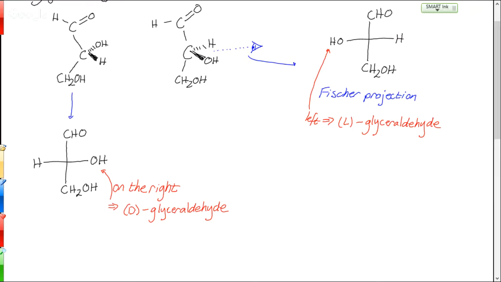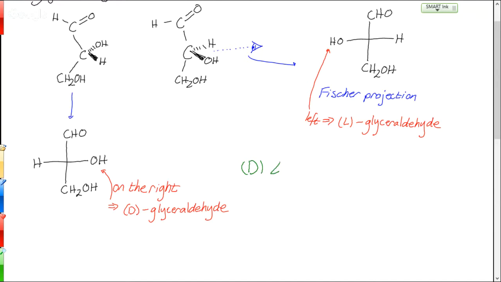What? The right one is called D-glyceraldehyde, and the left is L-glyceraldehyde. Yes. So each sugar is going to have two forms, the D and the L. And they're mirror images. They're enantiomers. We should write that.